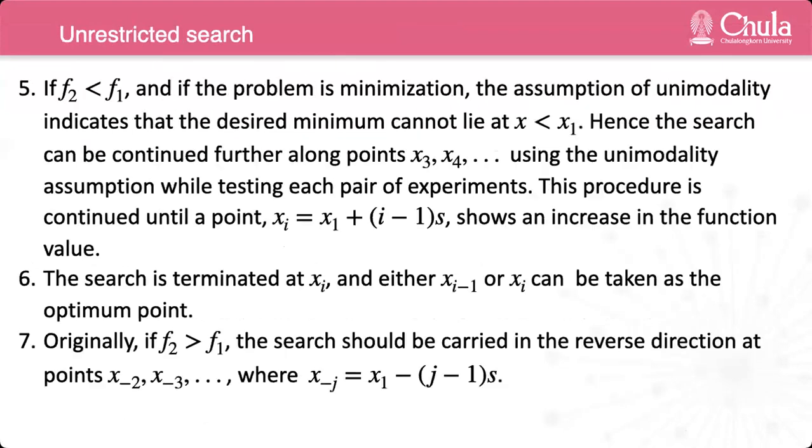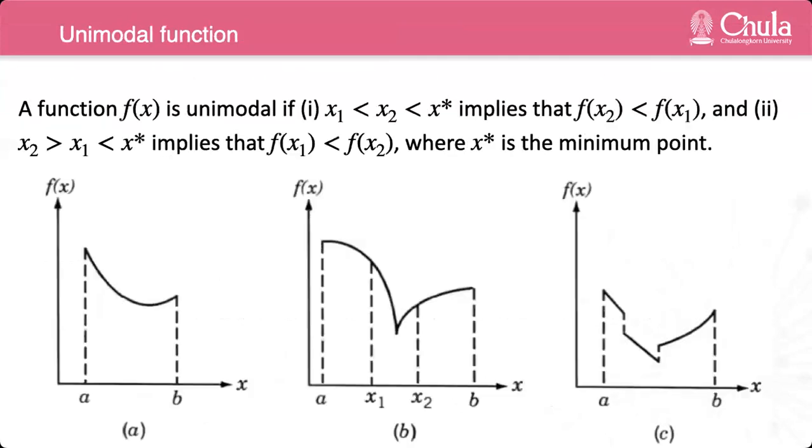Just one moment. Of course, you can read again, but I will try to explain it first. A function f(x) is unimodal if you look at x1 and x2 first. x1 is less than x2 and less than x star, which implies that f(x2) is less than f(x1).